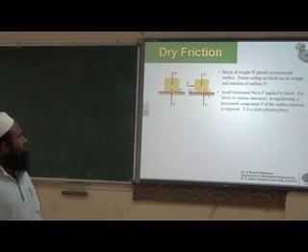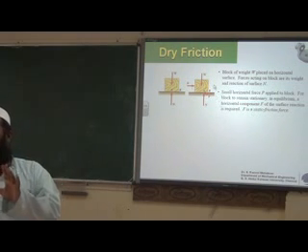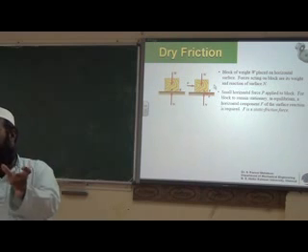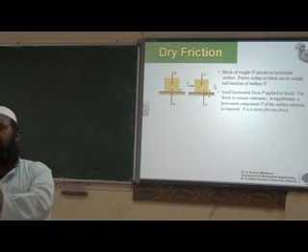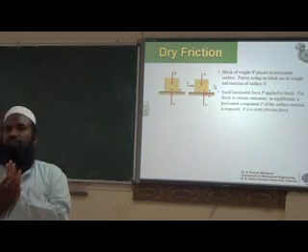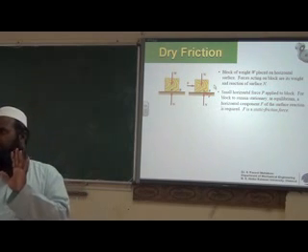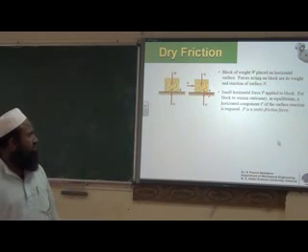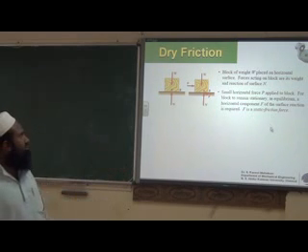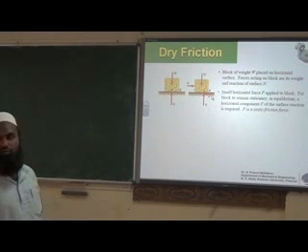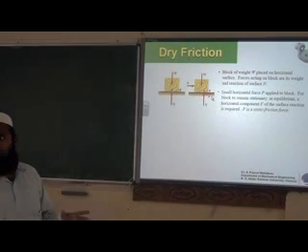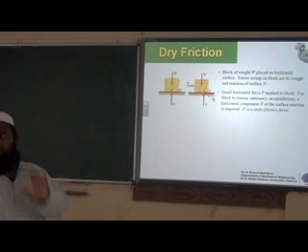If you apply a small horizontal force, the block will remain stationary up to some point due to equilibrium. So if you apply a force in the horizontal direction and it is to remain stationary, in equilibrium, there should be an opposing force. The opposing force is called static friction force. Okay, so the applied force is P, the friction force is F. Both are in equilibrium, so that there is no motion.